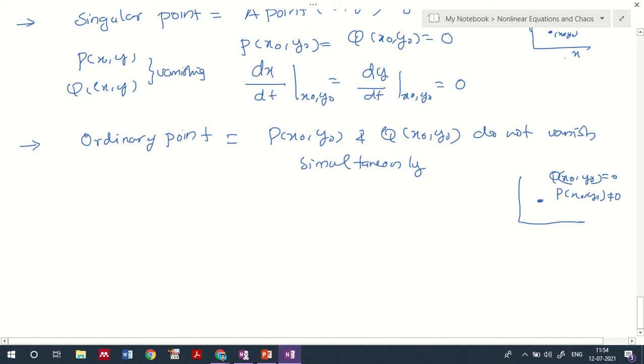Such a point we call an ordinary point. So p of x0, y0 and q of x0, y0 do not vanish simultaneously. And the case where both vanish is called a singular point.